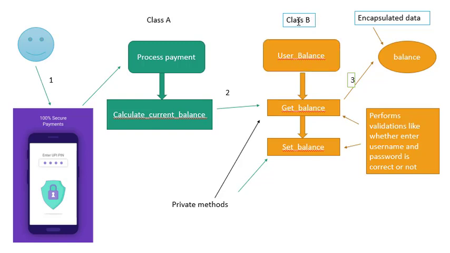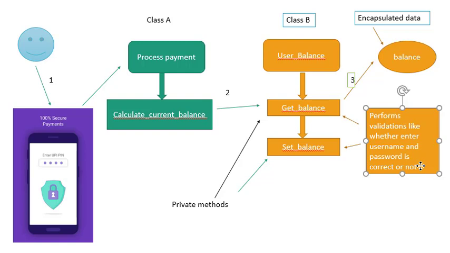We can call it class B. So the calculate current balance method calls the get balance method, the getter method, and this is the setter method. We use these methods to perform validations like username, password. There could be other validations like currency, or country.